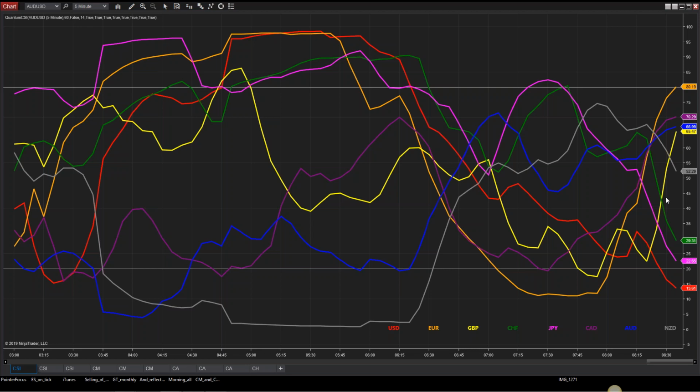But when you look at something like, for example, the New Zealand here crossing the Aussie or crossing the Canadian dollar, it's quite high on the indicator, which tells you perhaps that this has obviously got a long way to go if it's going to go all the way to the bottom. But the Canadian, for example, has less travel in it. So it does depend where that cross appears.